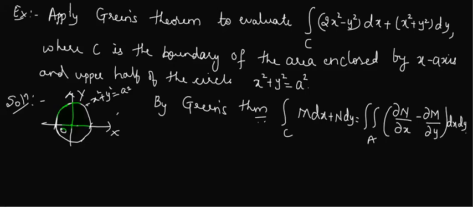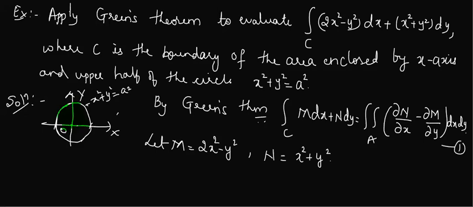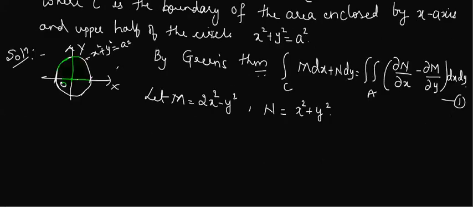So just compare these two. What do we have to take M as? Let M be 2x² − y² and N be x² + y². If you want, you can differentiate it and then substitute. So for M, we differentiate with respect to y.